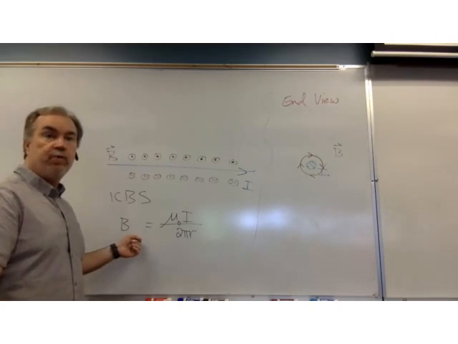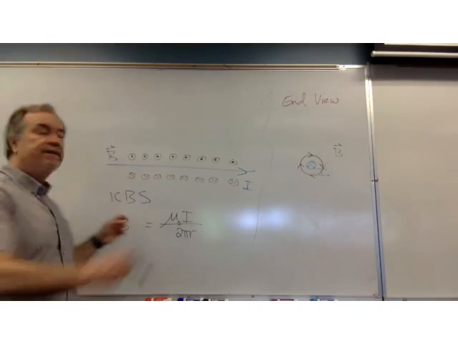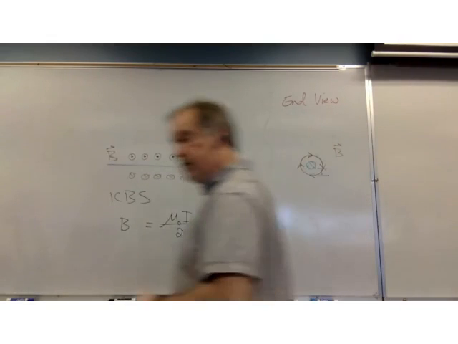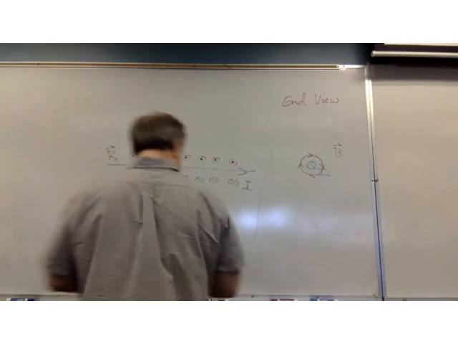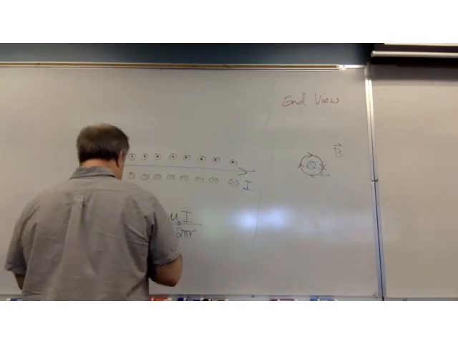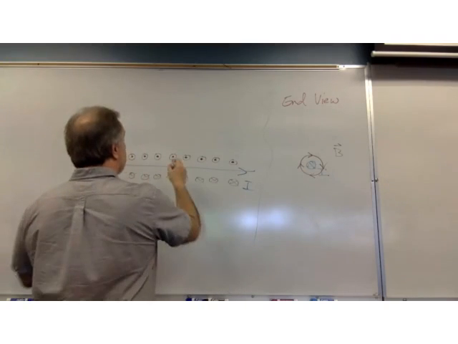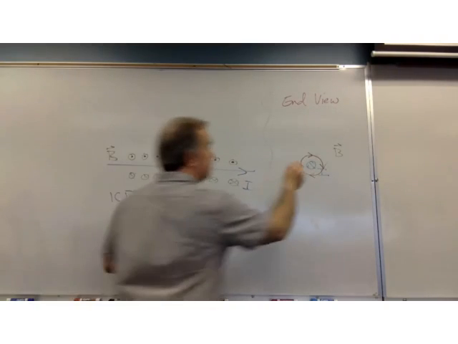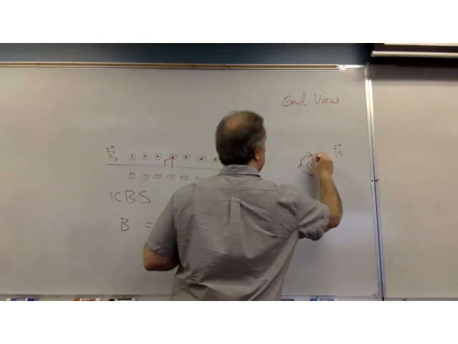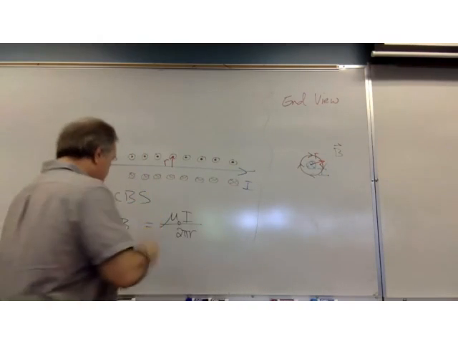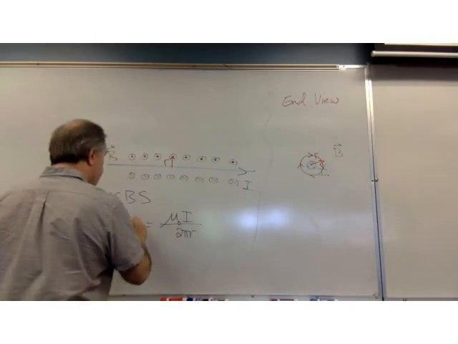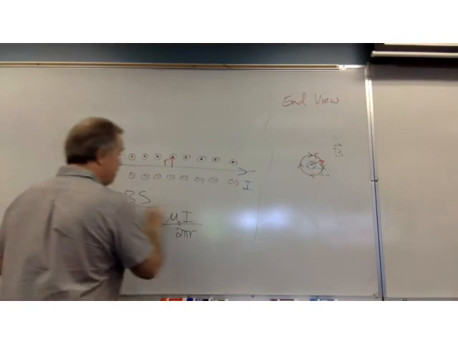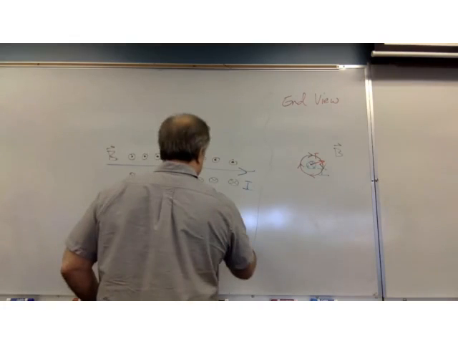The point of interest. The location in space where you're calculating the field. Same thing here. So r is the distance from the wire to the point in space where I'm calculating the field. Okay? And that means that the magnetic field is different at different locations, and so B is in fact a function of r. And so this is for a long straight wire.